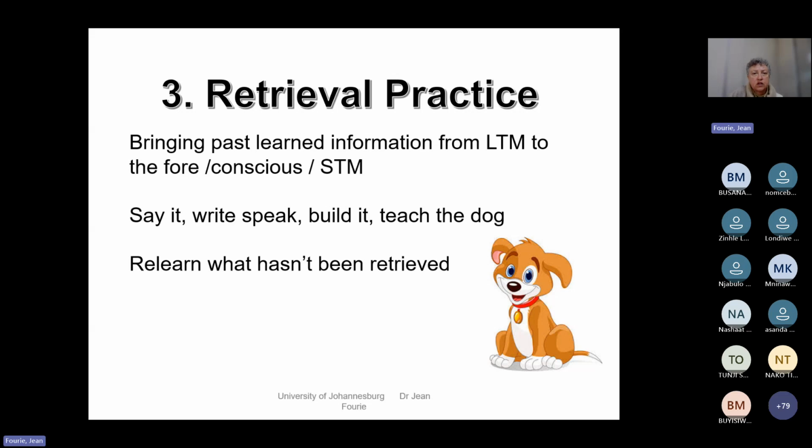And strategy number 3 is called retrieval practice. You'll recognize the word retrieval from the information processing model, where we are retrieving content from long-term memory, bringing it into short-term memory, into our consciousness, into our foreground, so that we can do something with it, so that we can say it, speak it, write it, build it, make clay models, design something, teach your dog, teach your friend.